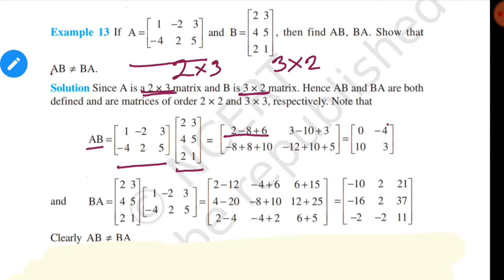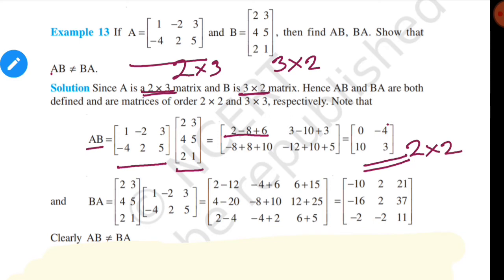Similarly, first row with the second column, 1 into 3 is 3, minus 2 into 5 is minus 10, 3 into 1 is 1. Similarly, the other terms also. Then we will get AB equal to a 2 by 2 matrix 0 minus 4, 10 3. It is a 2 by 2 matrix.